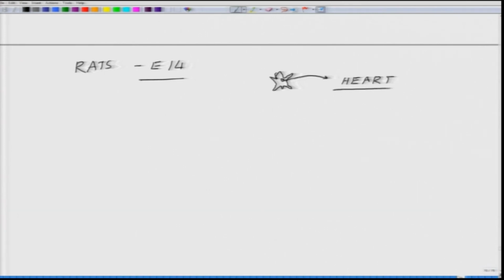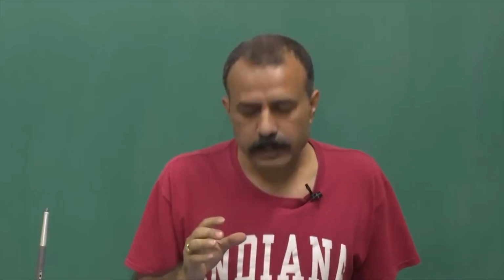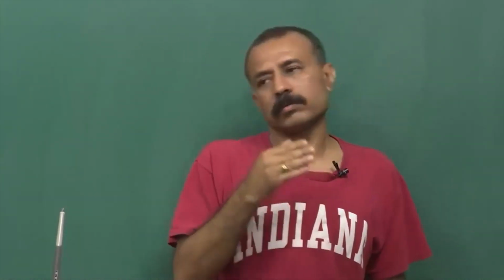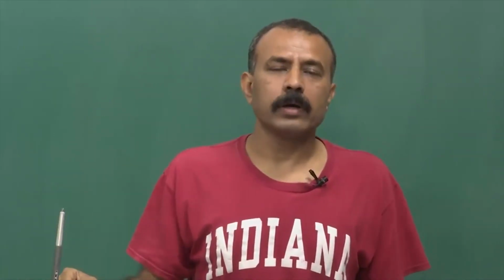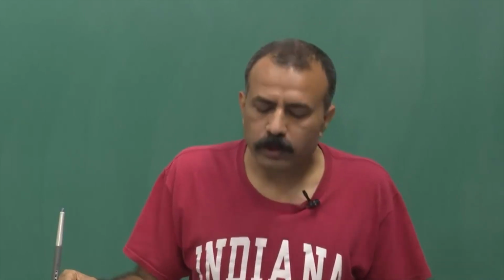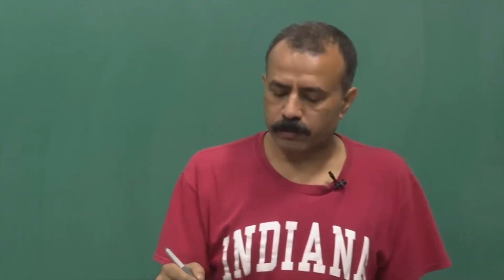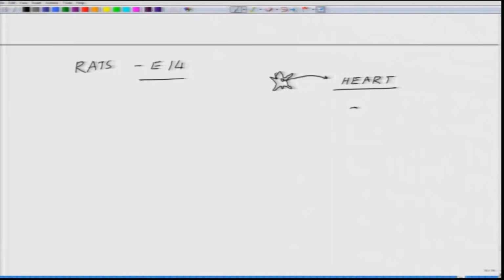You will not be able to distinguish so easily whether it is ventricular or atrium unless you have a very high-end dissecting microscope. That distinction will not happen. But you take out this small heart tissue, and you will still see the blood vessels.